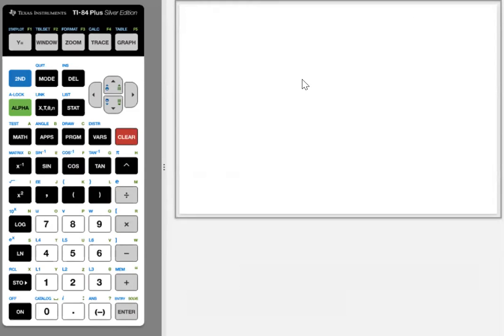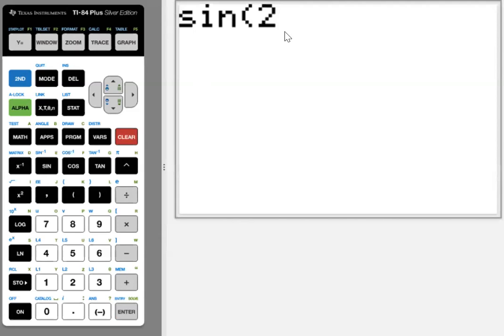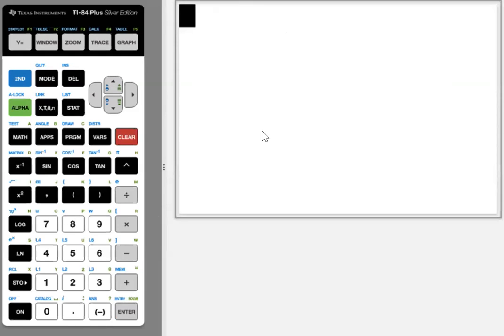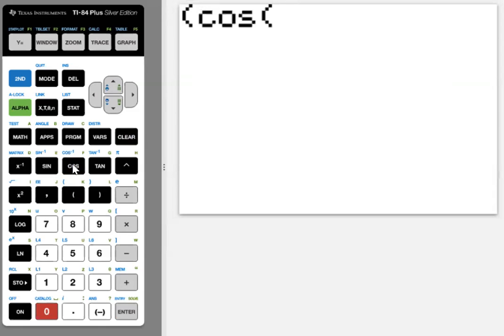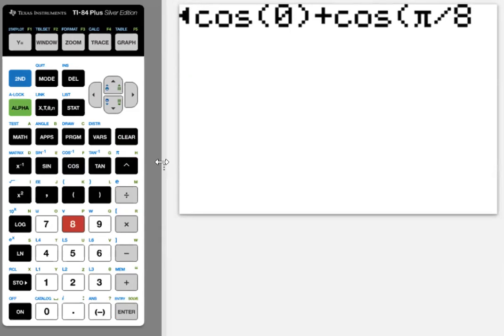Let me see what I have. My entry is gone, so let me try again. Parentheses, cosine at 0 plus cosine at pi over 8, sorry, pi over 8.